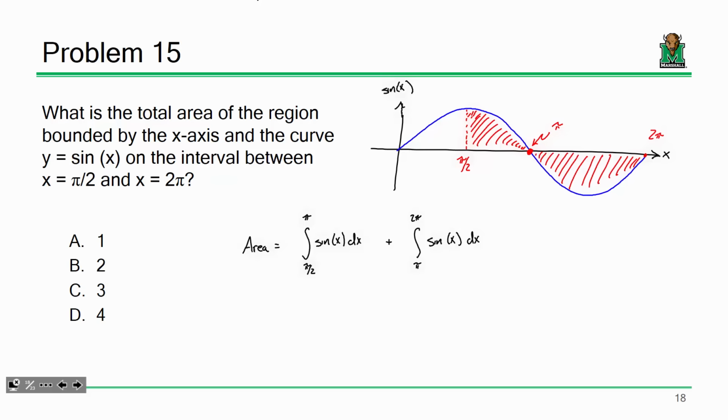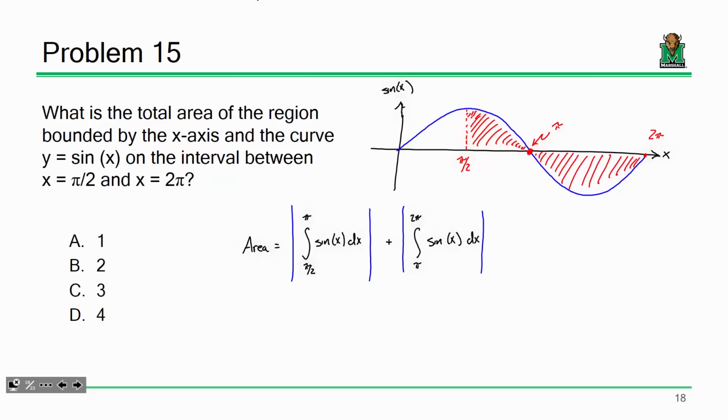And because I have a negative region there, and I want to calculate just this area, absolute values. Make sense?